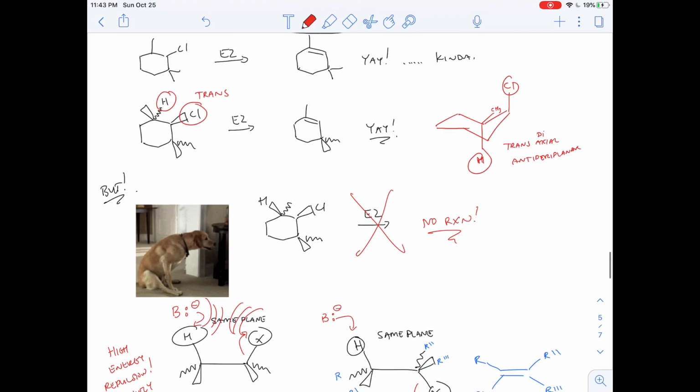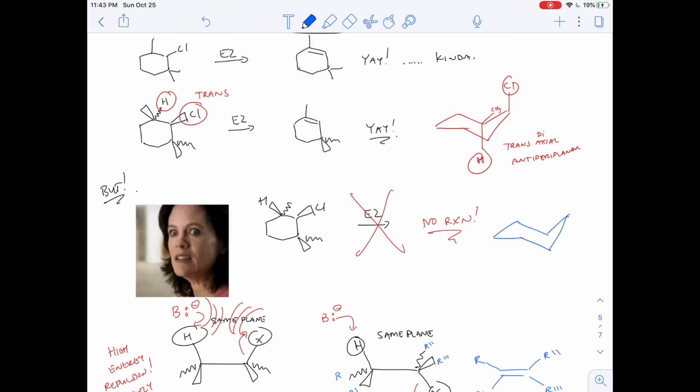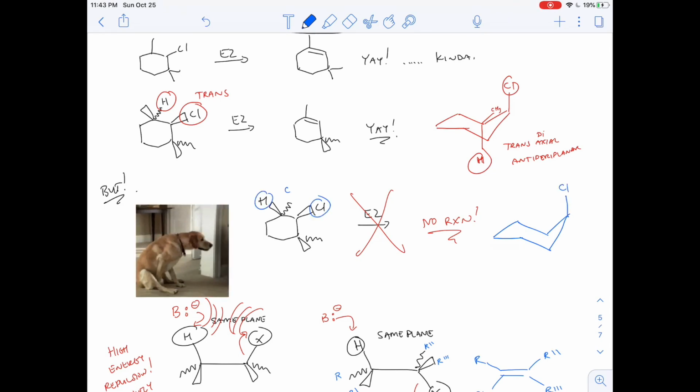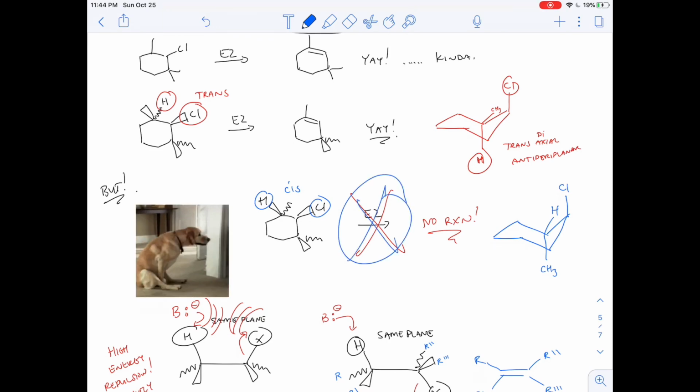And so this di-trans-axial antiperiplanar orientation allows for the formation of the alkene. However, if we have this blue cyclohexane ring with the chlorine up, we have to have a hydrogen up, and that does not allow for the antiperiplanar conformation to occur, and therefore this reaction does not occur.